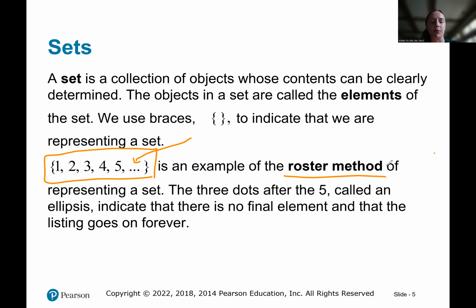If you kept counting forever, then all those numbers are going to be in here. This is actually an infinite set. You might see that in a future math class, but in this class, if there's an infinite set, we'll usually use a different kind of method to represent it, and we'll see that in future sections.